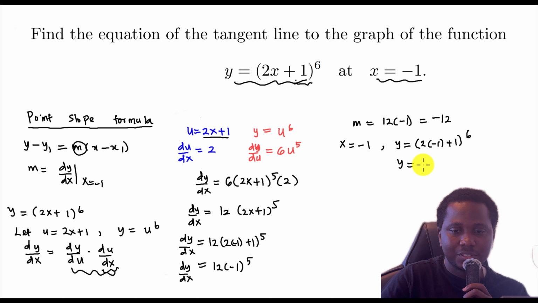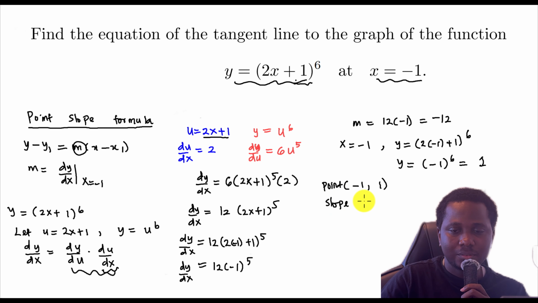Here you end up having 2 multiplied by minus 1 is minus 2, then plus 1, that is minus 1 raised to the power 6. And minus 1 raised to the power 6 is 1, meaning that at point x equals minus 1, y is 1. So we have the point, and we also have the slope.